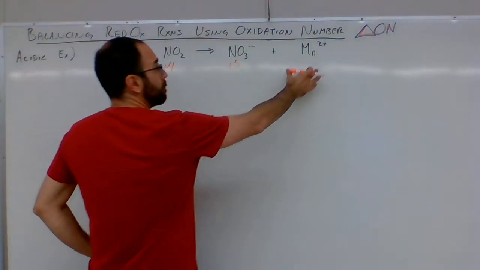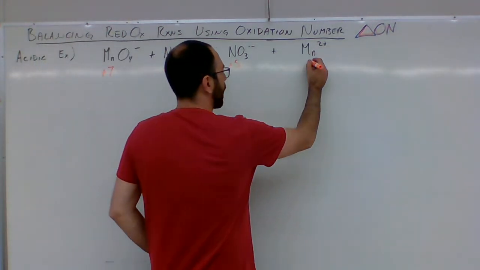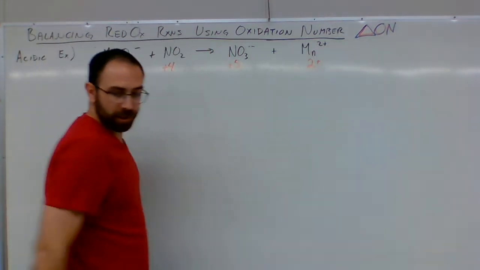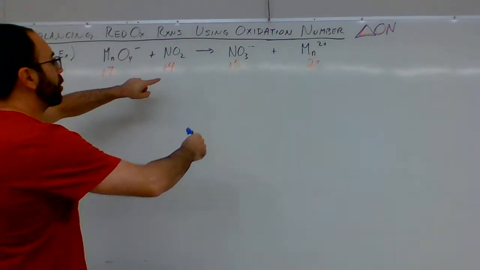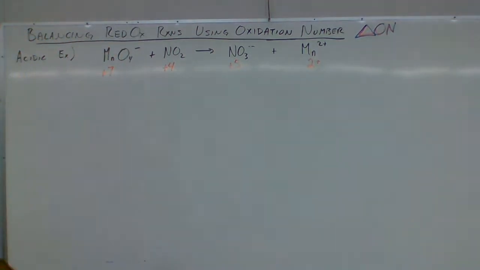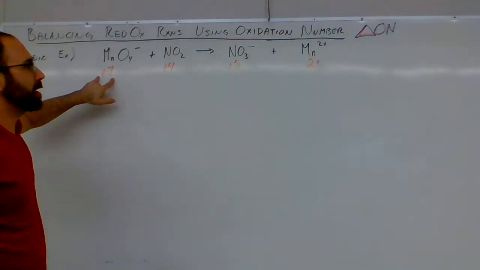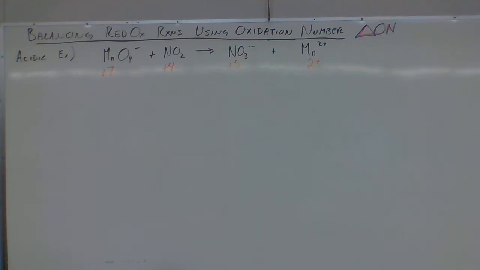And when I'm looking at my metal over here, I just look at the charge that's on that metal, so I have that 2+. And so what we're seeing here is we have our nitrogen going from a +4 to a +5, so our nitrogen is being oxidized. Our manganese is going from a +7 to a +2, so it is being reduced.